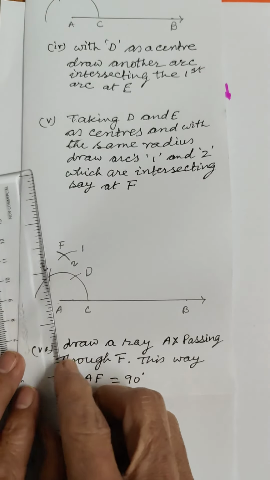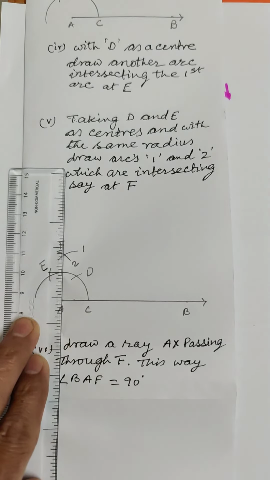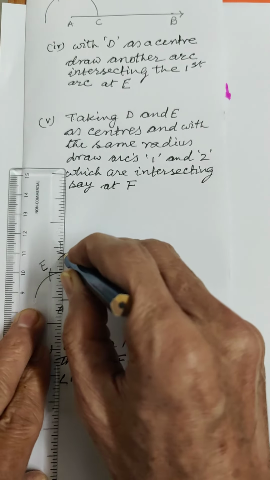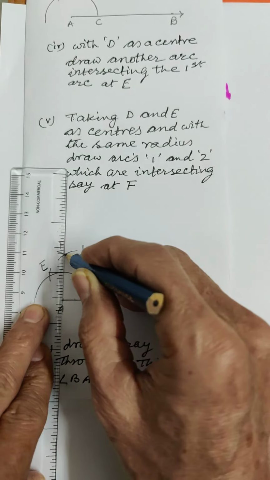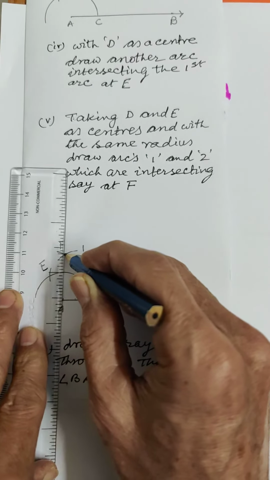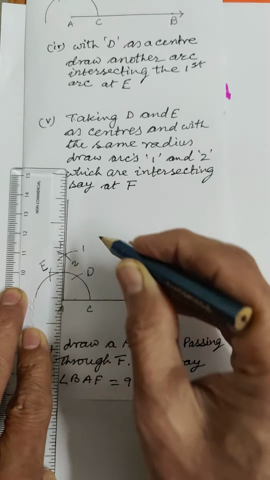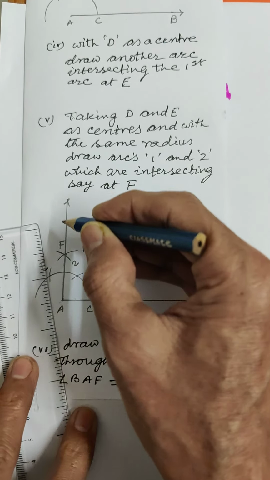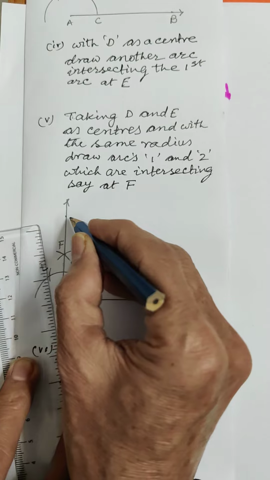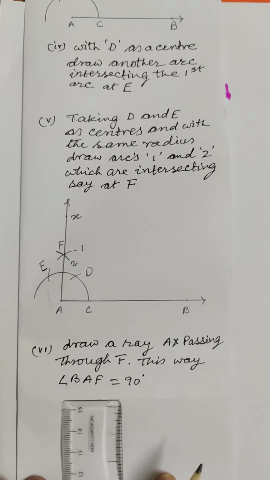Let us check whether it is 90 degrees or not. See, this is point X. So the angle XAB or BAX is equal to 90 degrees.